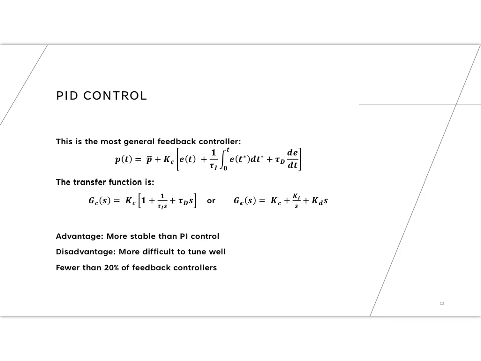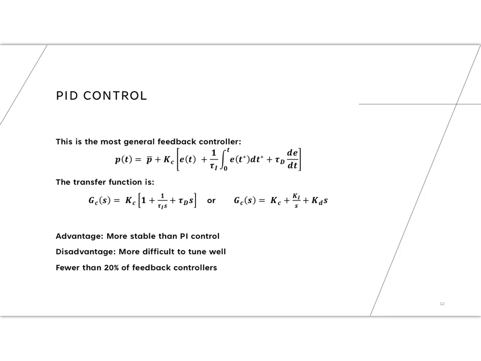The transfer function for this is just the various pieces here, and you can get a common denominator. And again, the tau ds is generally built as being an alpha tau ds plus 1. So people use this because it's more stable than PI control alone, but it's more challenging to tune. Okay.